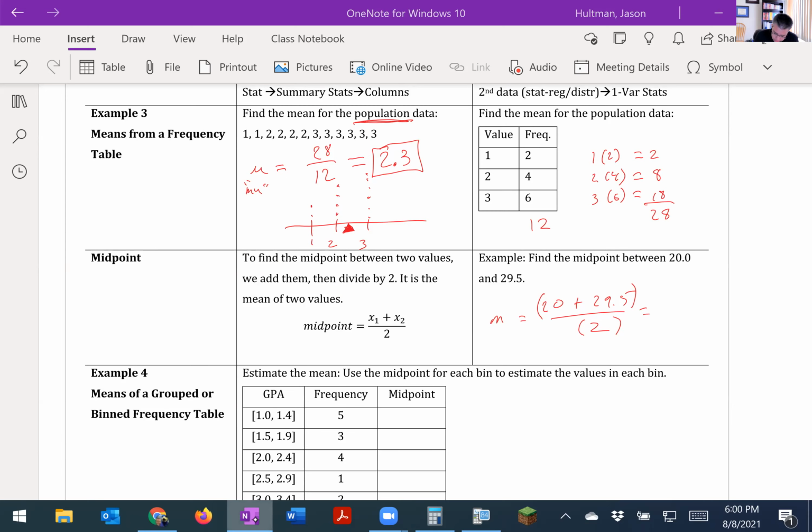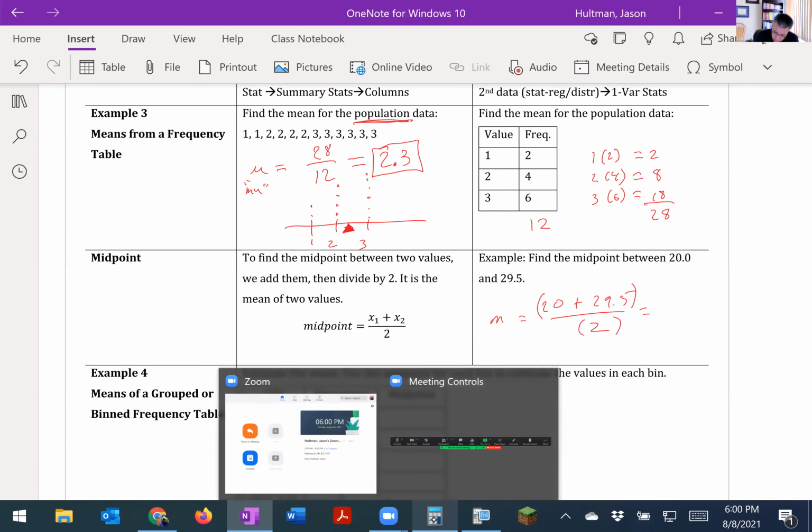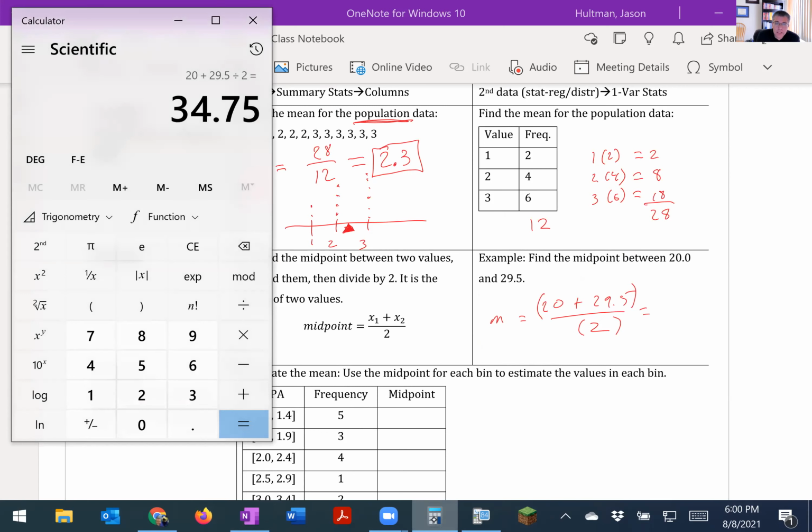So if we go to the calculator, what am I telling the calculator to do? I'm telling it to do 20 plus 29.5 divided by 2, but the calculator knows order of operations. It knows to divide before adding, and so it will divide the 29.5 first and then add it to the 20, and we'll get an incorrect answer.